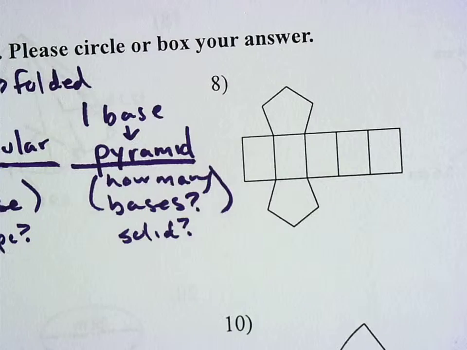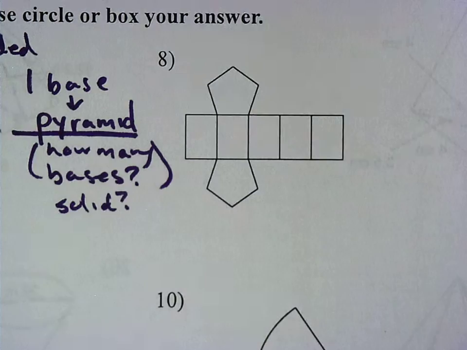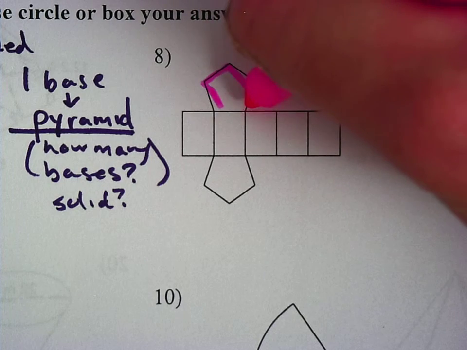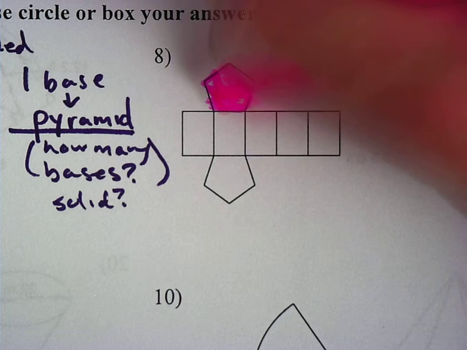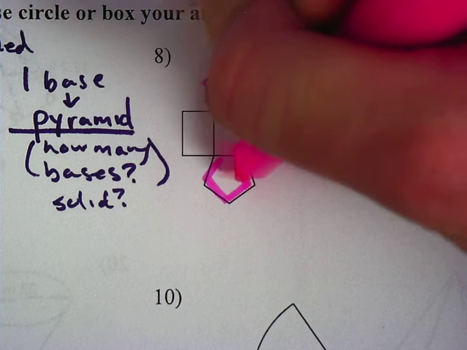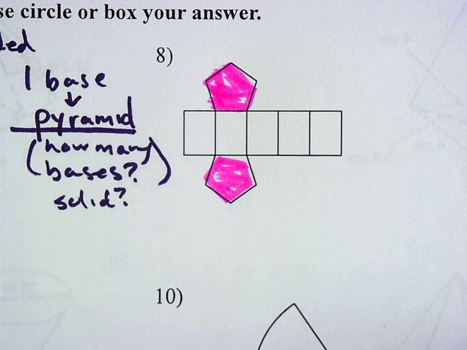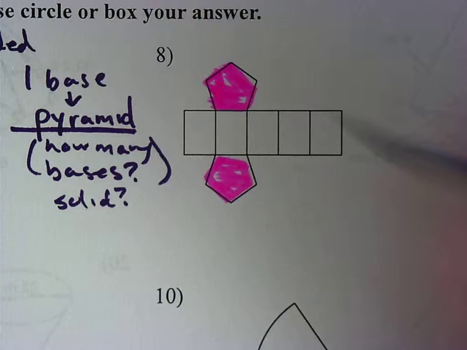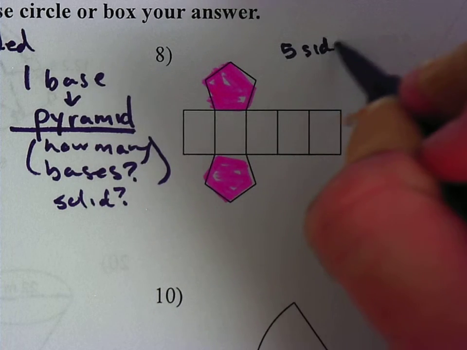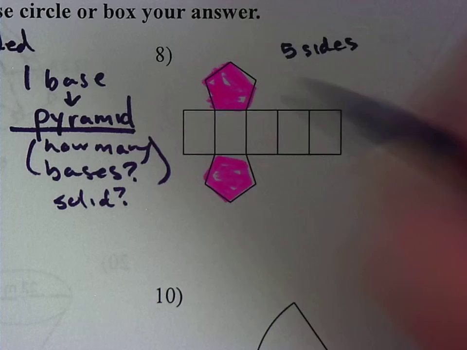Looking at number 8, here are our bases. They're a little easier to distinguish, because they're a totally different shape from the other pieces. These two things are pentagons, 5 sides, so it's a pentagon.